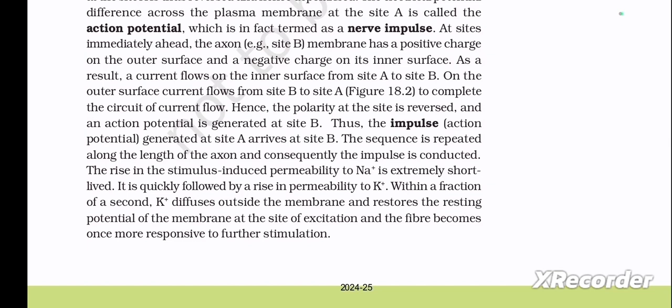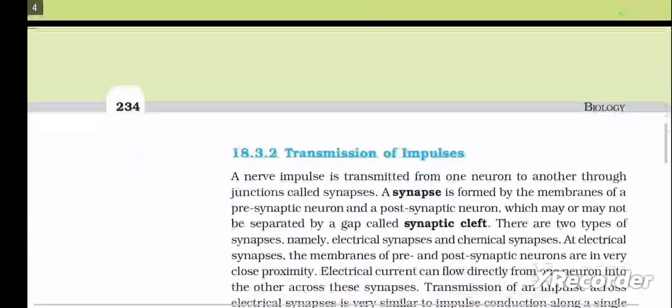The rise in the stimulus-induced permeability to sodium ions is extremely short-lived. It is quickly followed by a rise in permeability to potassium ions. Within a fraction of a second, potassium ions diffuse outside the membrane and restore the resting potential of the membrane at the site of the excitation, and the fiber becomes once more responsive to further stimulation.